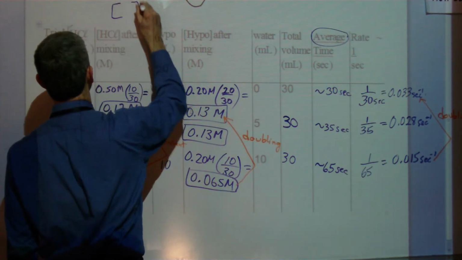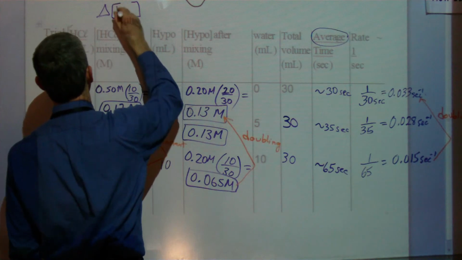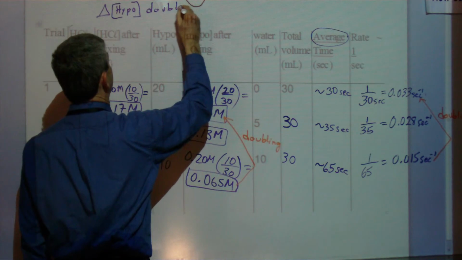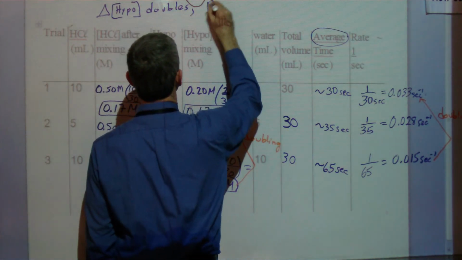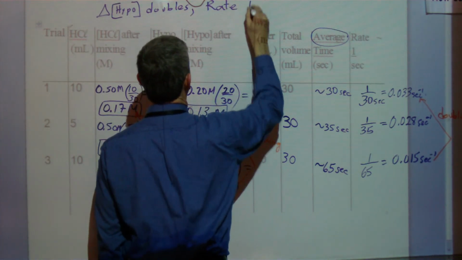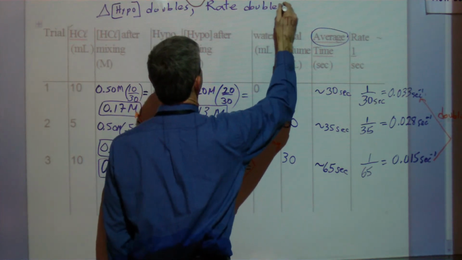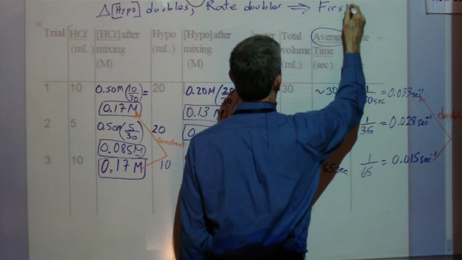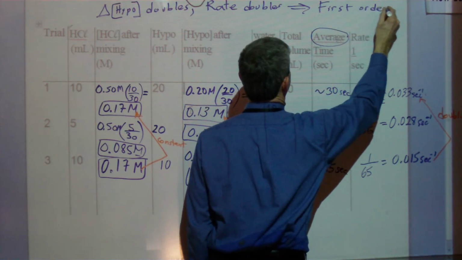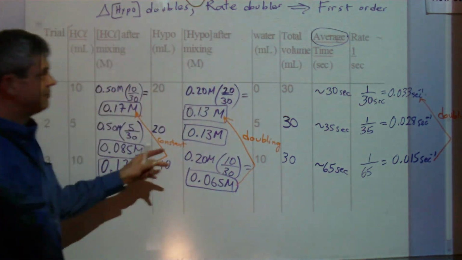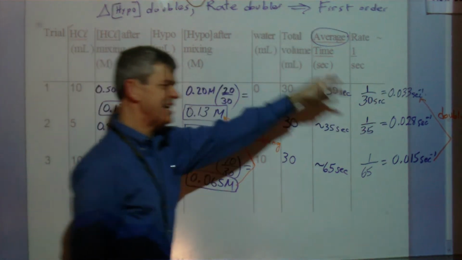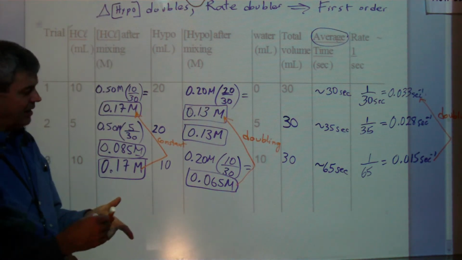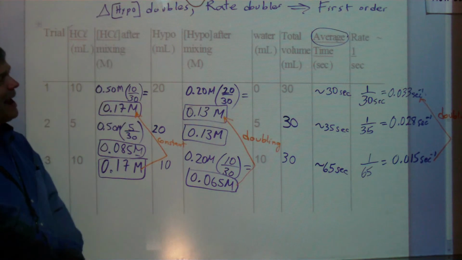When the concentration change in hypo doubles and the rate doubles, we call that first order. In other words, anytime the concentration change mimics the rate change, they occur by the same proportion, then we call it a first order reaction.